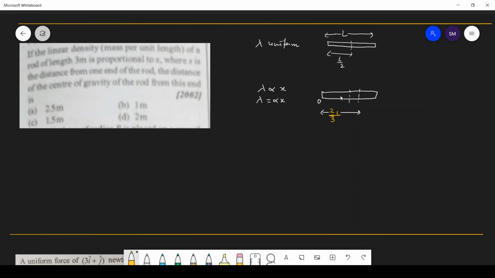So this is the derivation that we did. But I told you, you don't need the derivations, but you need to remember the formulas. So the formula is 2 by 3 L.